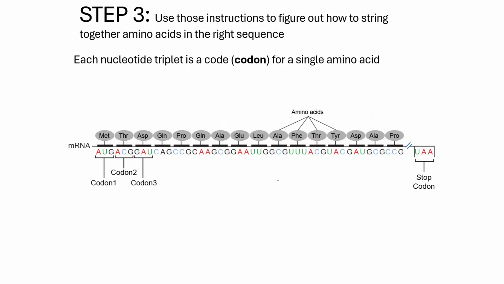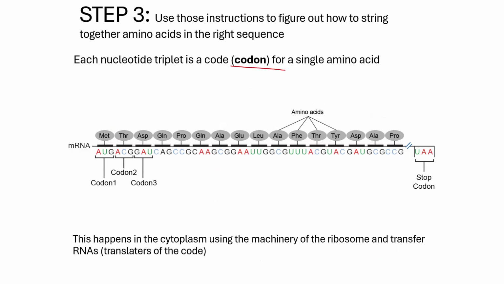So again, every single three nucleotides is a codon, and it codes for a single amino acid. So this happens in the cytoplasm if it's in prokaryotes, and in the rough ER if it's a eukaryote, because the reading of all of these codons is done by the ribosome.